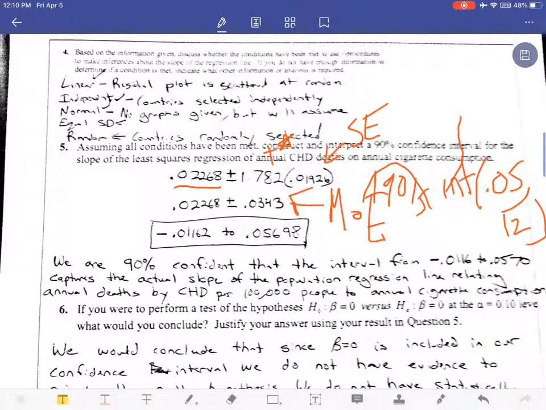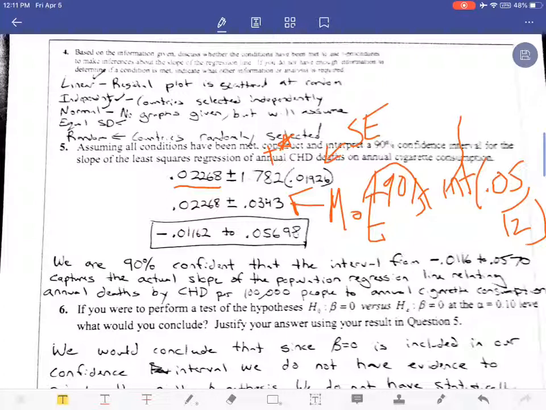So we say we are 90% confident that the interval from negative 0.0116 to 0.0570, and I just rounded it for my interpretation. You could have included the non-rounded version in your answer as well. It's not going to make a big difference. Captures the actual slope of the population regression line relating annual deaths from CHD per 1,000 people to annual cigarette consumption.